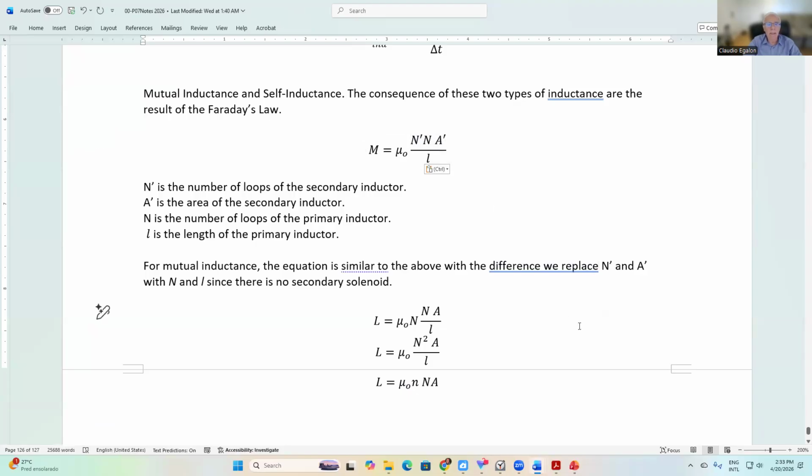Here you go, like that. Both the mutual inductance and the self-inductance have the same units. Both M and L have the same unit.